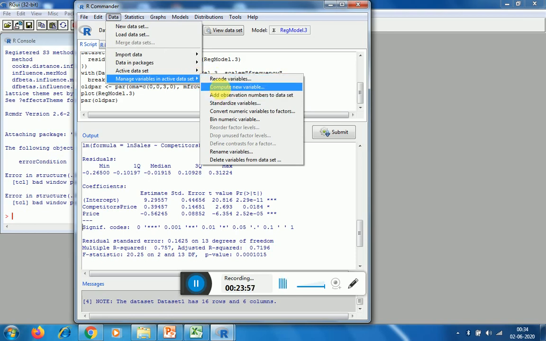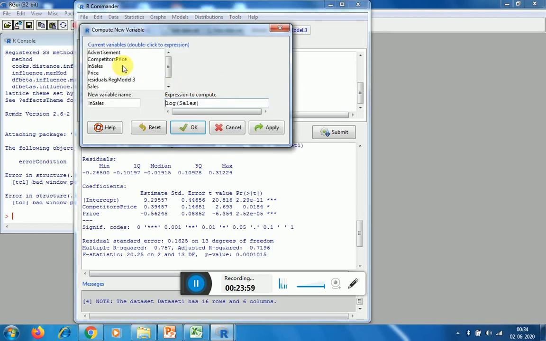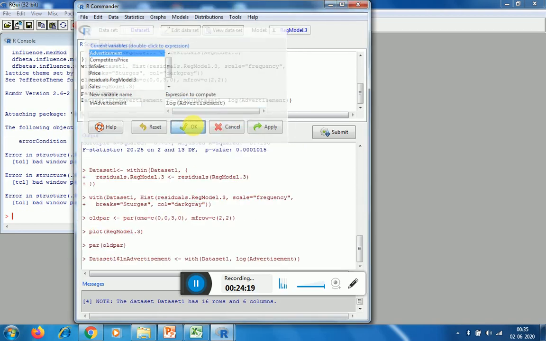Compute new variable. Instead of sales I take advertisement, and I name this as LN advertisement.